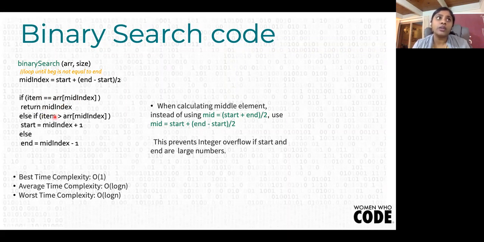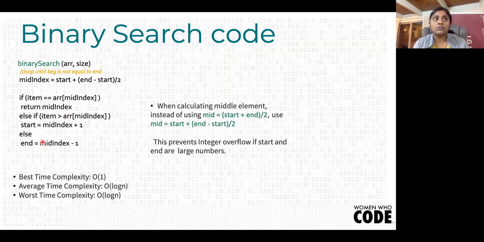If not, you keep changing your start and end pointers, so here we have to decide whether we have to change the start or the end based upon the values. If that item is greater than mid index, then you move your start pointer. Otherwise, you move the end pointer to the mid index.